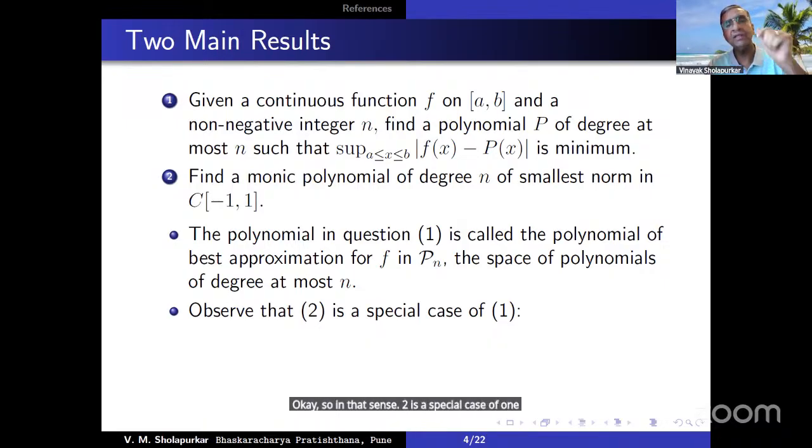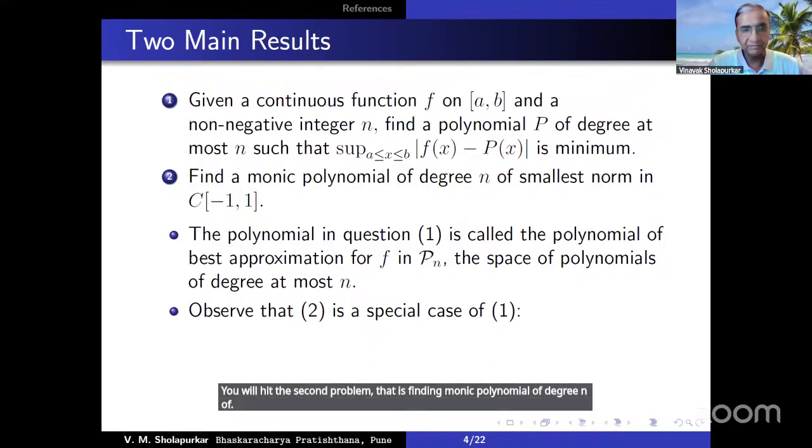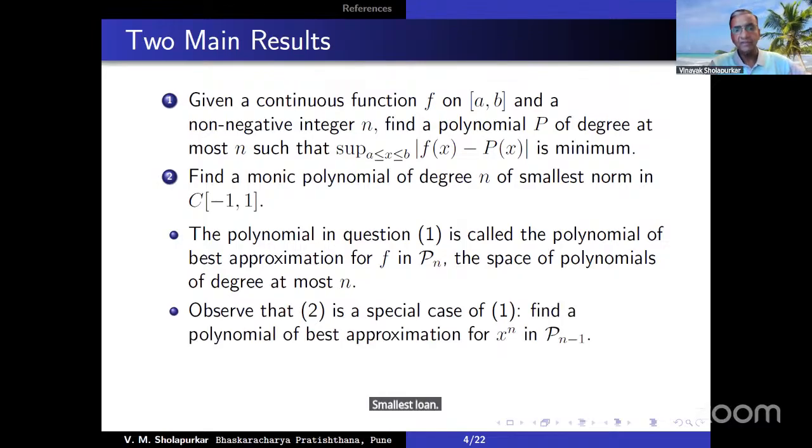So by choosing f(x) to be the monomial x to the power n and asking for the best approximation in Pn minus 1, you will hit the second problem, that is finding a monic polynomial of degree n of smallest norm. So fine, this is the answer: x to the power n in Pn minus 1.